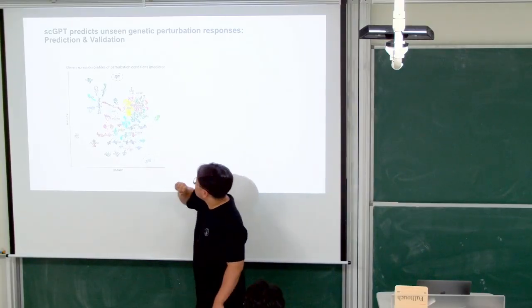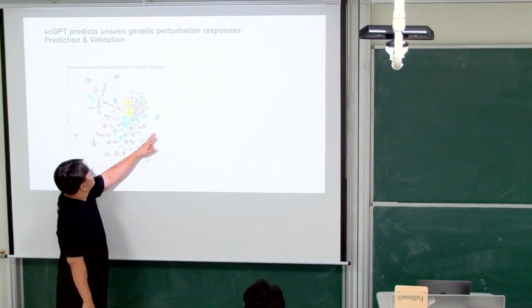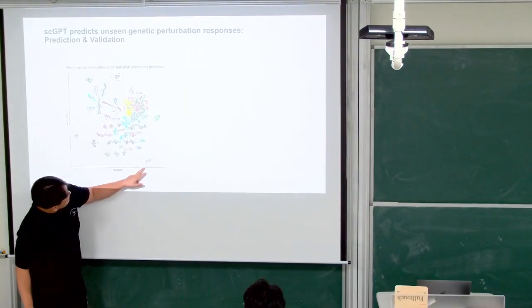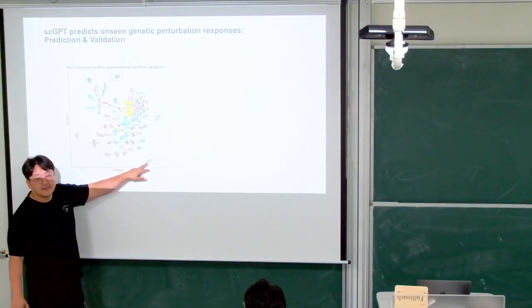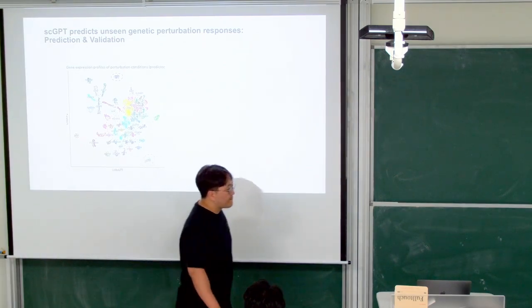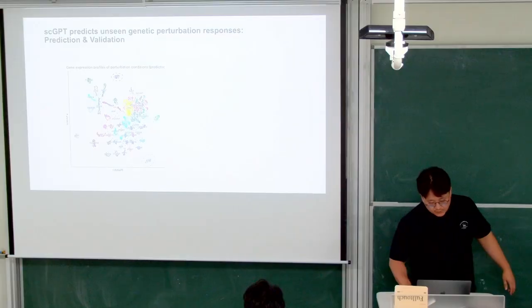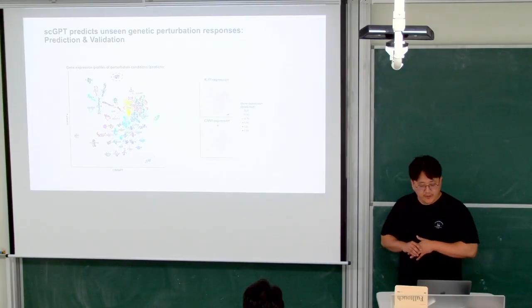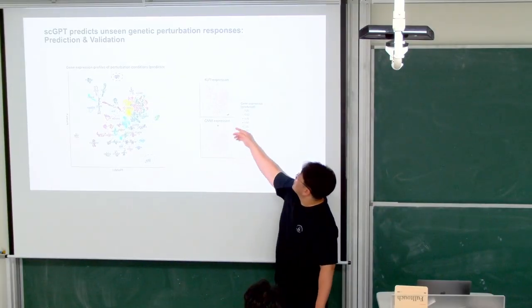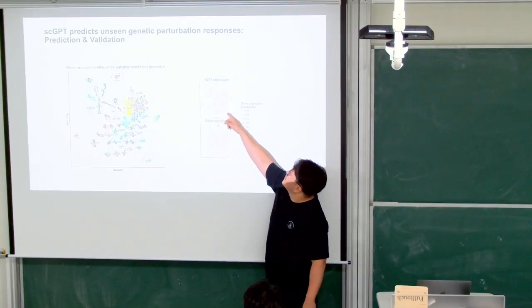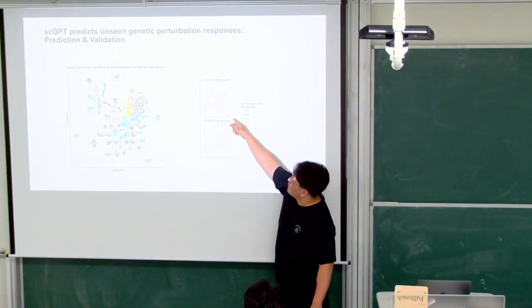So, for example, in here, this gray cluster, all the representative cell embeddings come from the KLF1 perturbation experiment. They confirmed that this cluster shows high expression of KLF1.